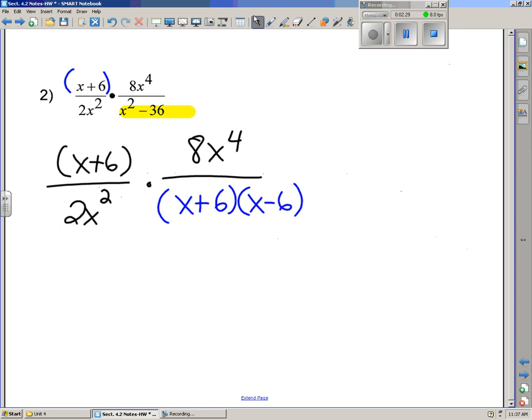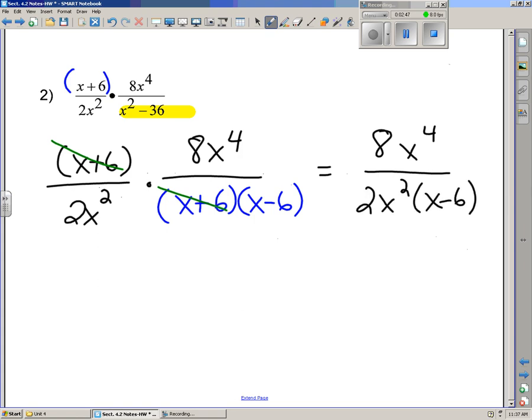Well, I've got x plus 6 in parentheses on top and on bottom. These would simplify to a 1. I'm going to cross out those common factors. When I now combine these two fractions into 1, you get 8x to the 4th on the top, 2x squared outside this parenthesis, x minus 6. You're still not done because those two monomials can simplify even further.